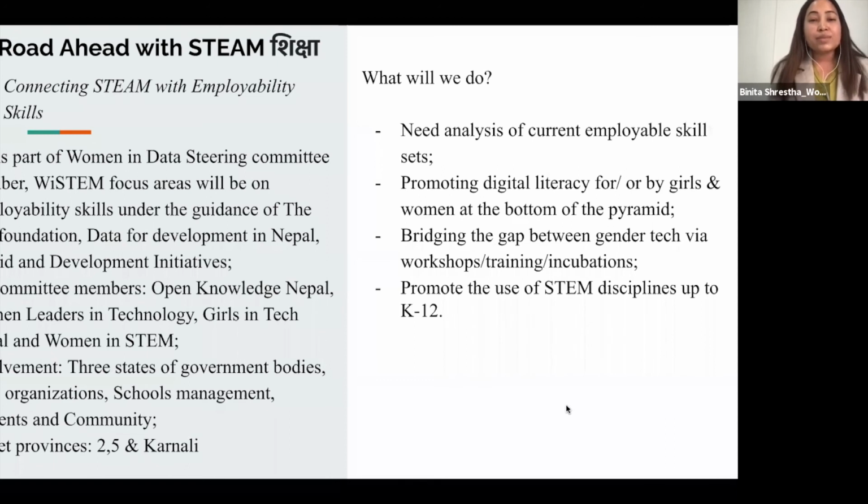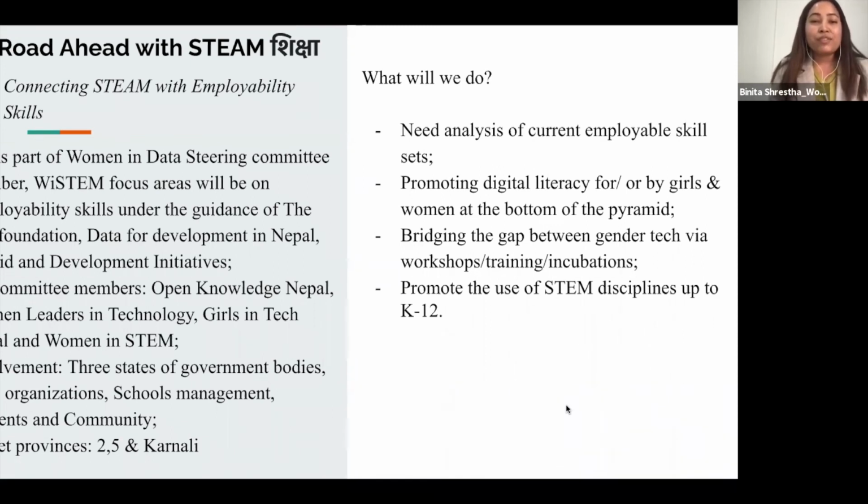As part of the Women in Data Steering Committee, we focus on employability skills, under the guidance of Asia Foundation, Data for Development, UKAID, and Development Initiative, along with my committee members, including Open Knowledge Nepal, Women Leaders in Technology, and Call Center Nepal.